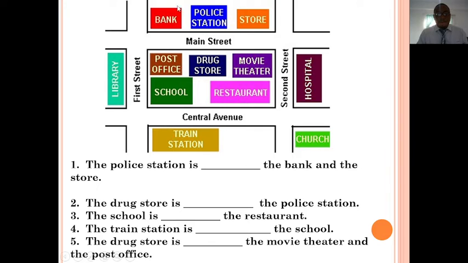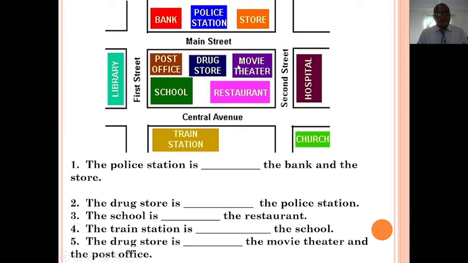One more time. Bank. Police station. Store. Then we have main street. Library. First street. Post office. School.